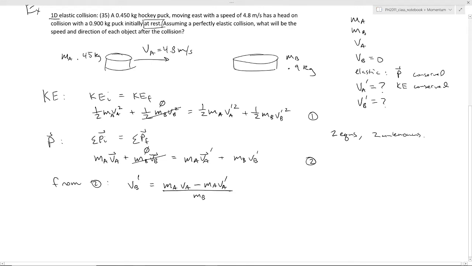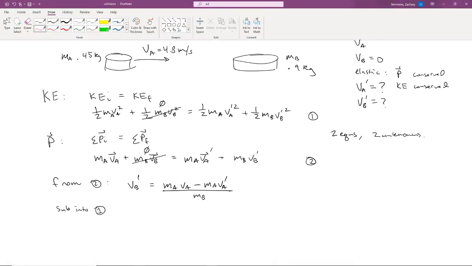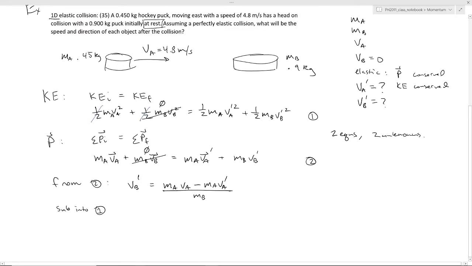Let's substitute it into equation 1. And notice we can actually do some simplification. This factor of 1/2 is common to all these pieces, so we could eliminate that.